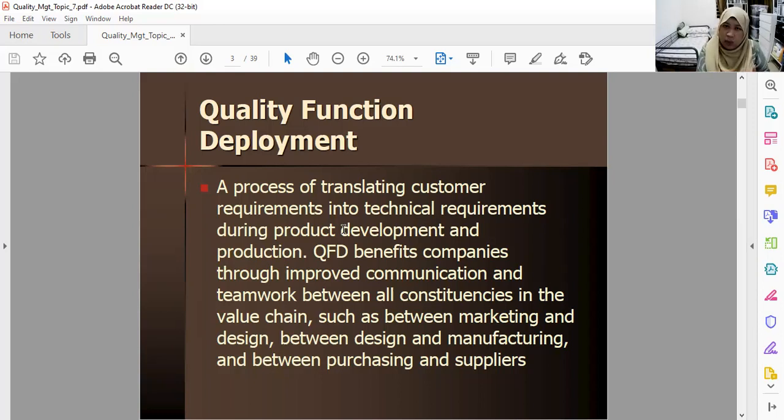It also links marketing and design, design and the manufacturing department, and purchasing and suppliers. Why purchasing and suppliers? Because they supply the materials we need in order to produce the product. Right, moving on to the next one.